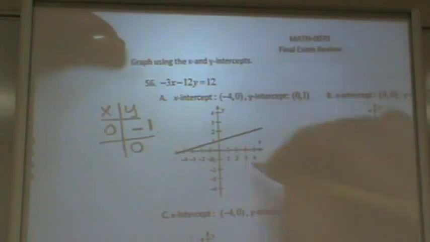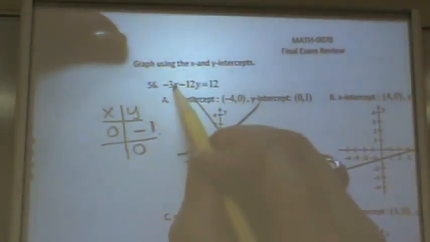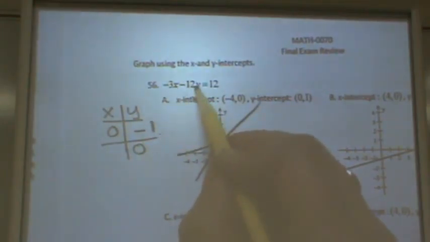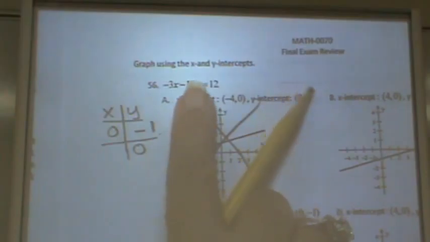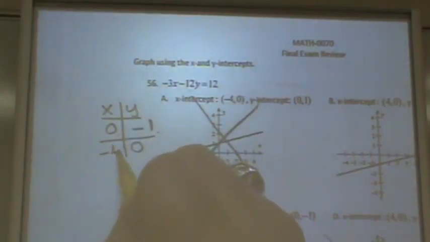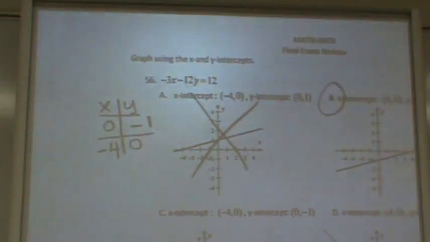So right away, D and A are not correct. And if I plug in a 0 for y now, if I cover that up, negative 3 times negative 4... So negative 4, 0, and that would be 56. B is the correct answer, yep.